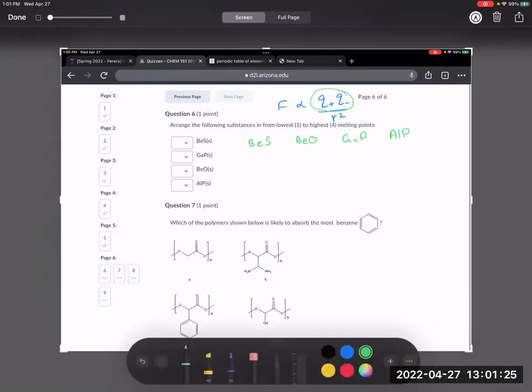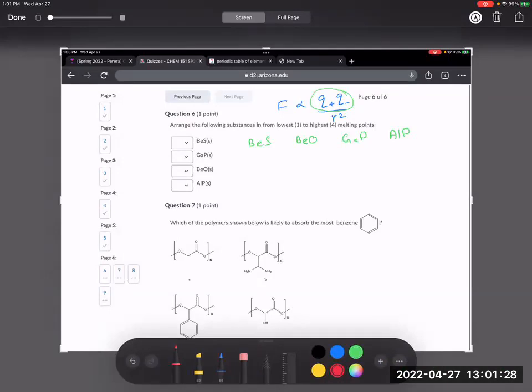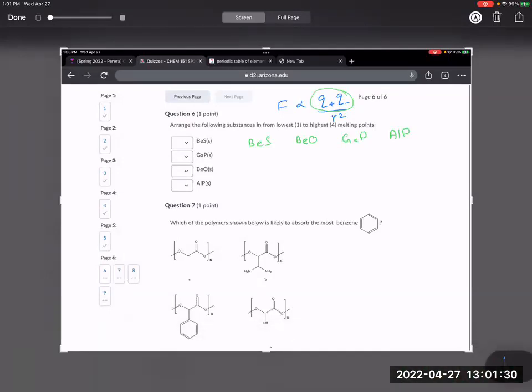If you write the charges out, sulfur is -2, beryllium is +2, oxygen is -2, beryllium is +2, phosphide is -3, gallium must be +3, phosphide is -3, and aluminum must be +3.